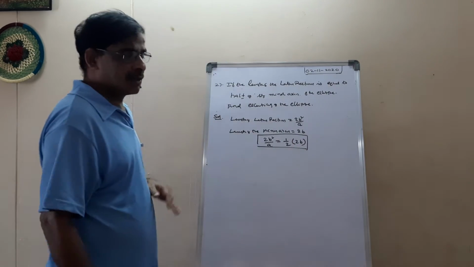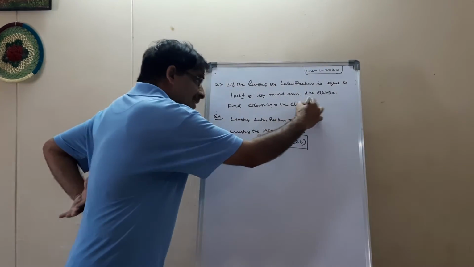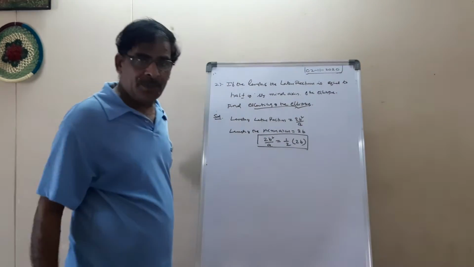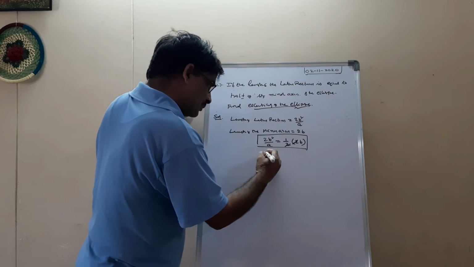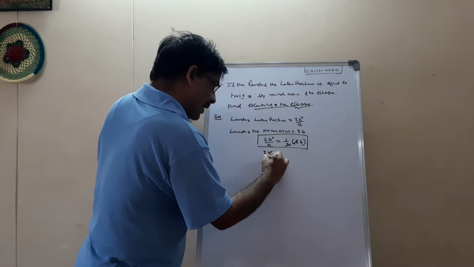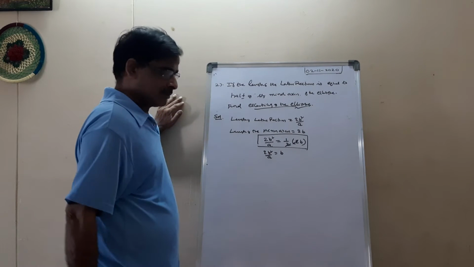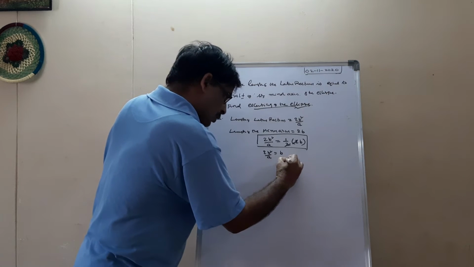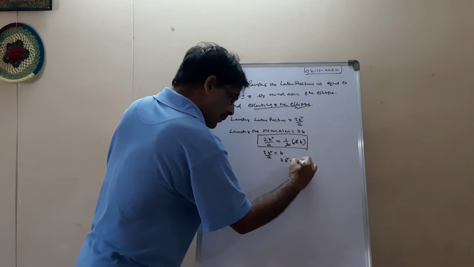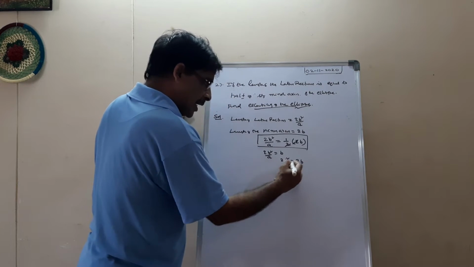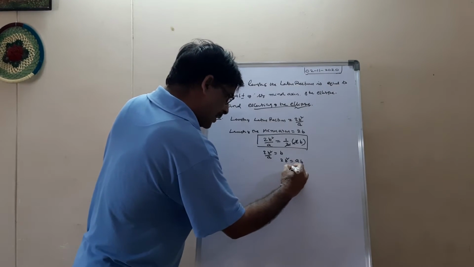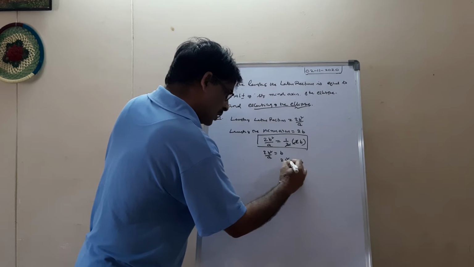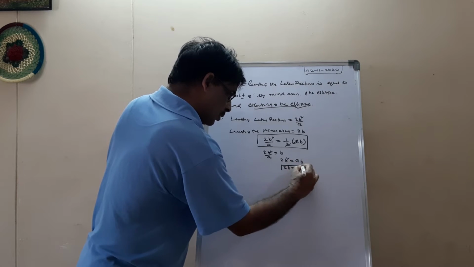With this condition, we have to find the eccentricity of the ellipse. 2 cancels here. 2b square by a equal to b, or 2b square equal to ab. If you divide by b on both sides, 2b equal to a.